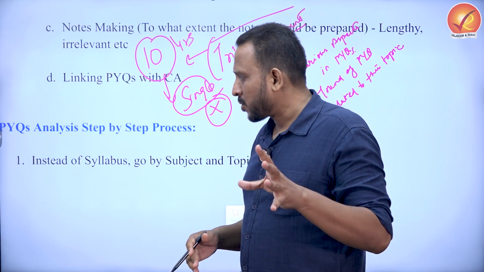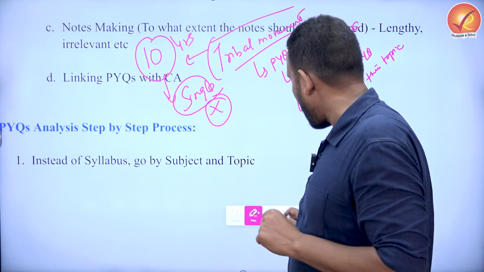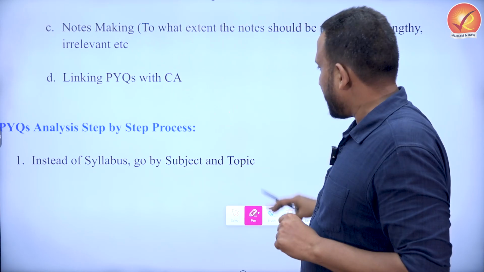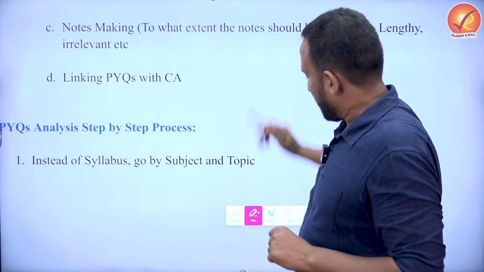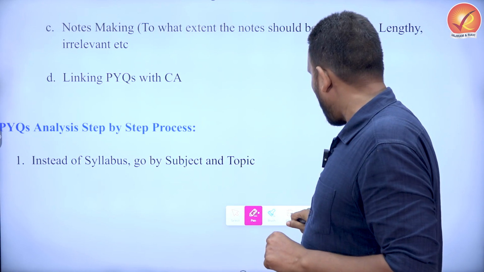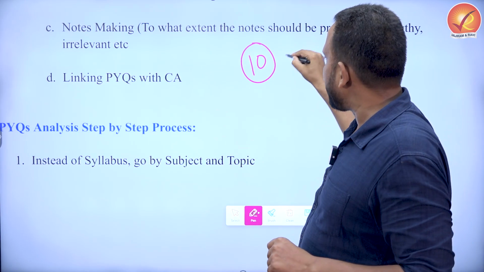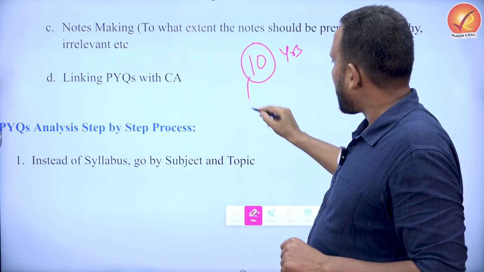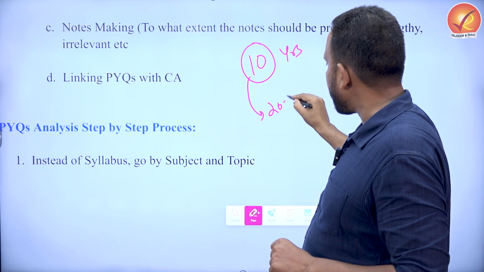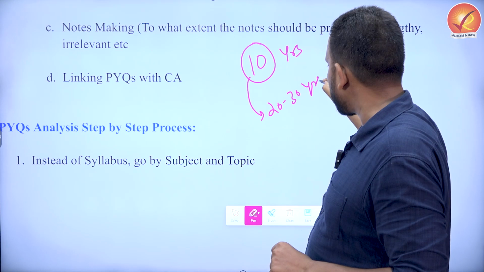This is what you people will think, but let me give you a shock here, right? Basically, if I do not find any question in 10 years, I will look for the last 20-30 years of previous year's questions.